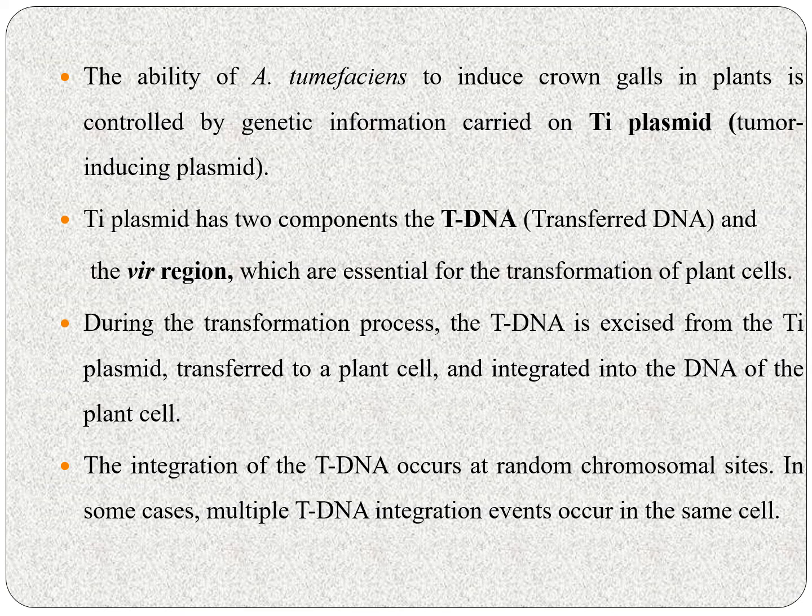The Ti plasmid has two components, tDNA (transferred DNA) and the virulence genes, which are essential for the transformation of plant cells. During transformation, tDNA is excised from the Ti plasmid, transferred to a plant cell, and integrated into the DNA of the plant cell.